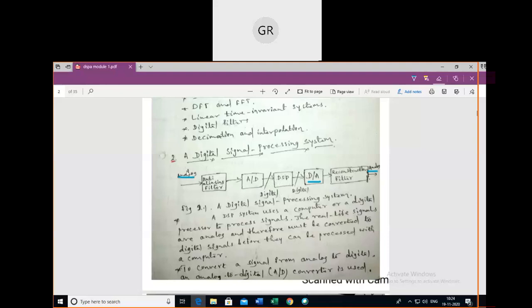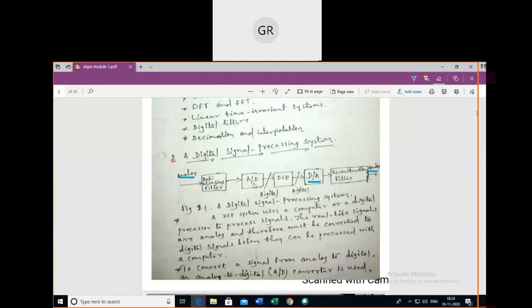That's why we convert the analog signal to digital signal. We can do the sampling of the analog signal. Before sampling, we remove signal components whose frequency is more than fs divided by 2.